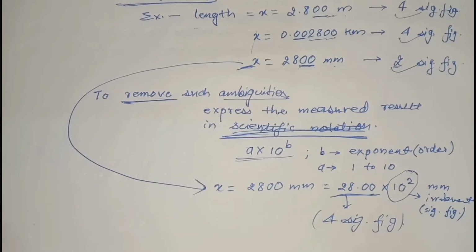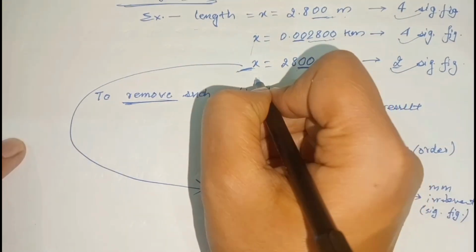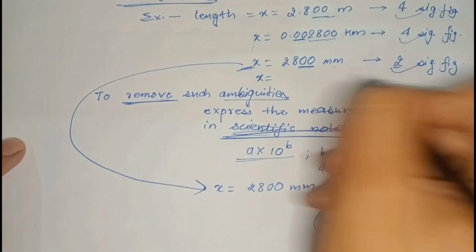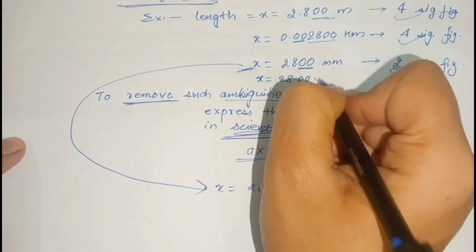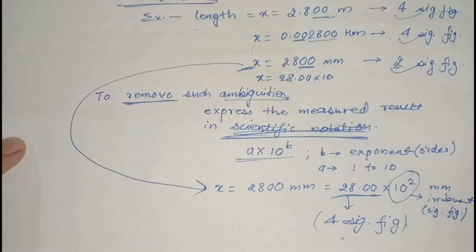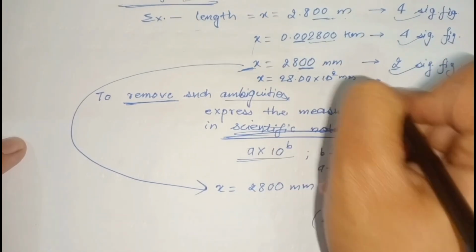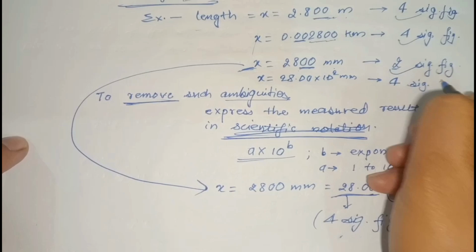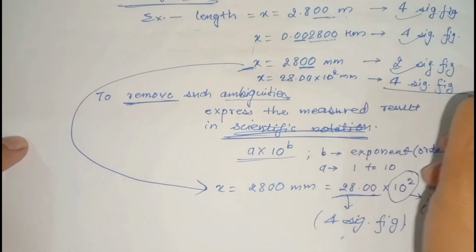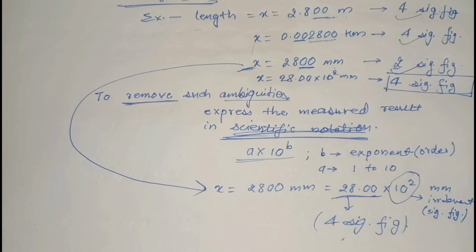So now if the result is written as x equals 28.00 times 10 to the power 2 mm, it will have 4 significant figures. Now you can see the ambiguity is removed.